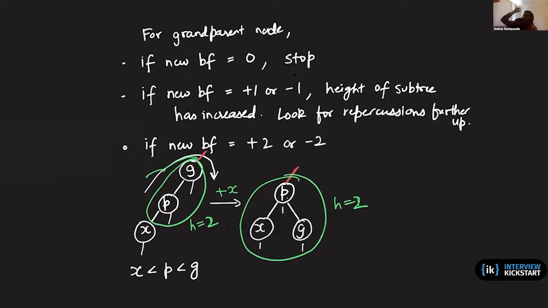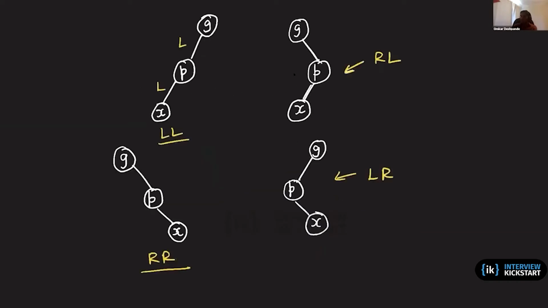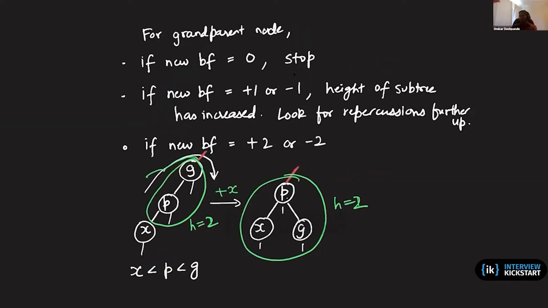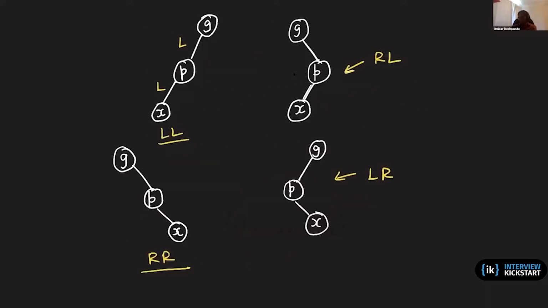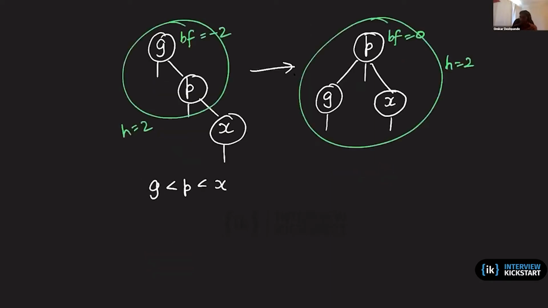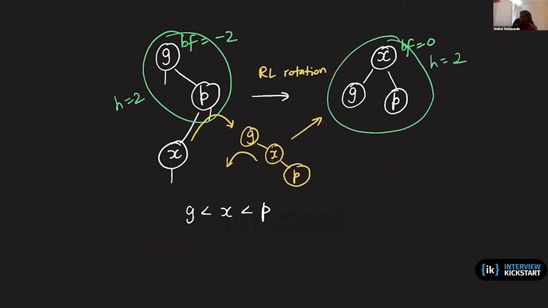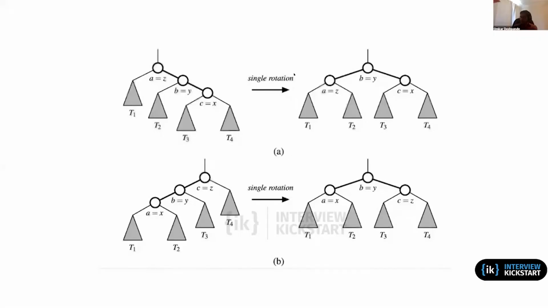So the very first ancestor, as we go up, where an imbalance happened, is the ancestor where some kind of rotation has to be done. In this example I went through in detail, we assumed it's the grandparent. But in the general case, it's going to happen at some ancestor. It doesn't have to be the grandparent. It will be some ancestor. Let me call it ancestor A.